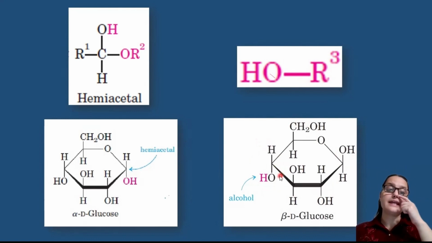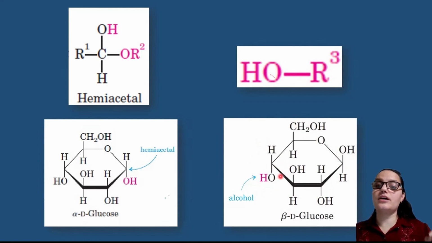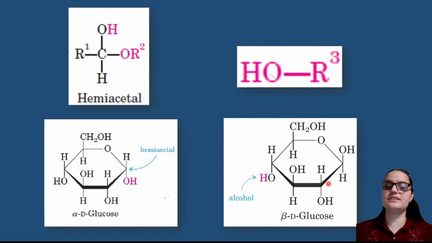Secondly, whichever carbon is going to participate should be ready to lose the hydrogen from its hydroxyl group. So they all have hydroxyl groups, but the carbon which is ready to lose its hydrogen from the hydroxyl group, that carbon can participate. So this is the one which is playing the role of alcohol.